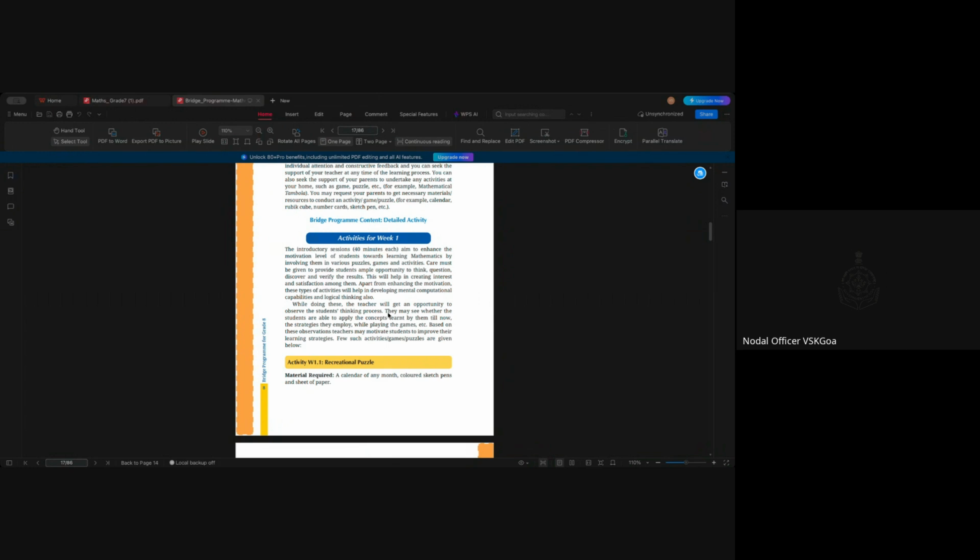Critical thinking based questions you have to ask, more competency based questions you have to design and ask, and give less preference to rote learning. Don't ask more questions on knowledge and understanding, but give questions on application, analysis, and so on.